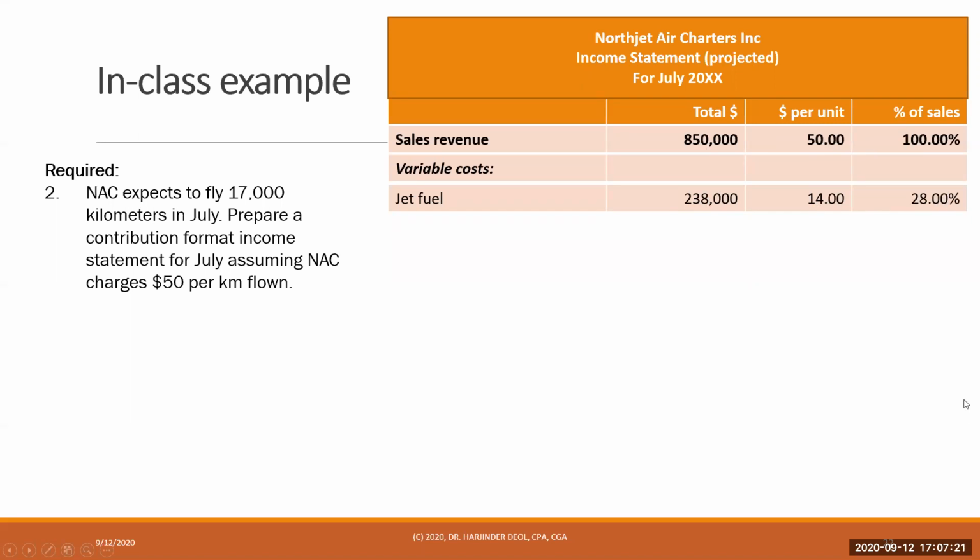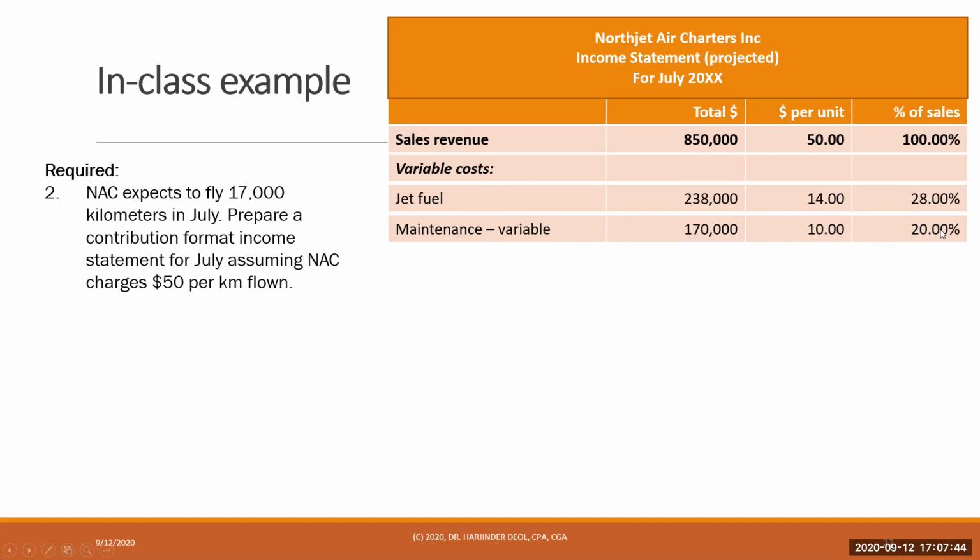Now that jet fuel cost is not the only variable cost. There is the variable cost portion of maintenance, which we had calculated in the earlier slide to be $10 for each kilometer. So 17,000 kilometers flown would work out to $170,000 of maintenance cost.